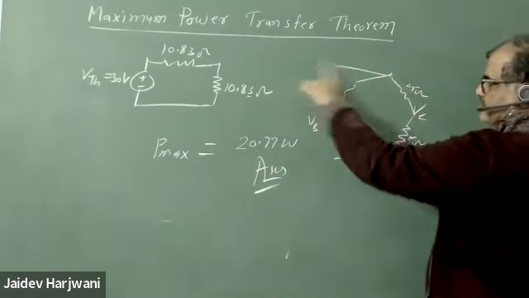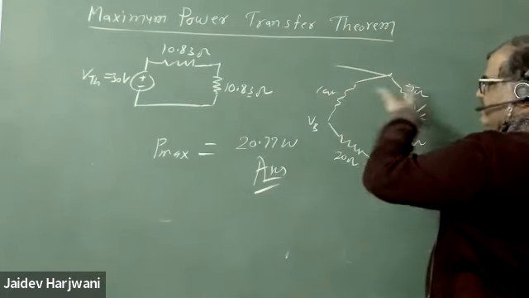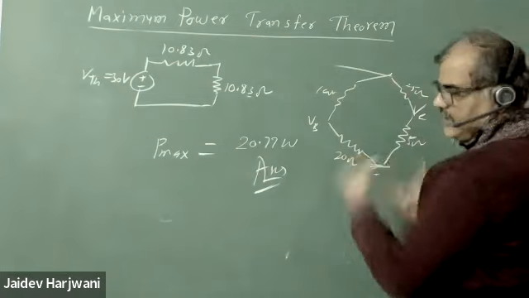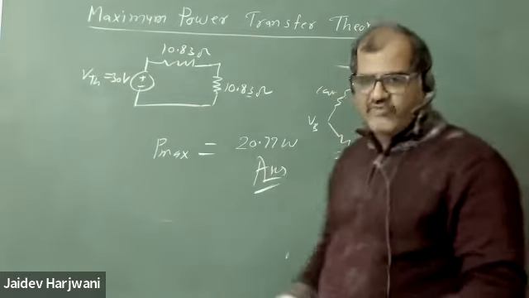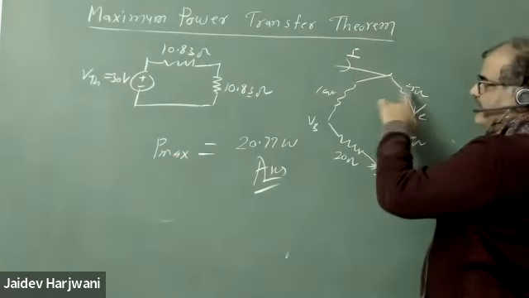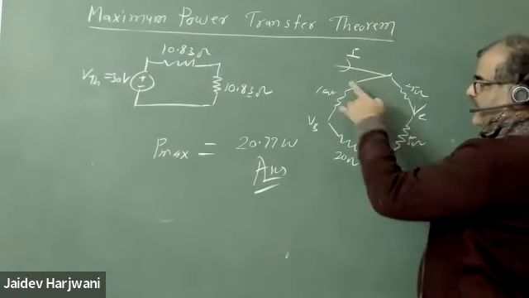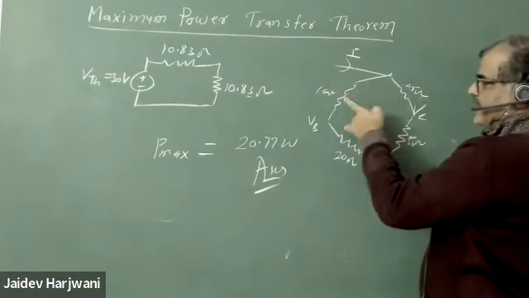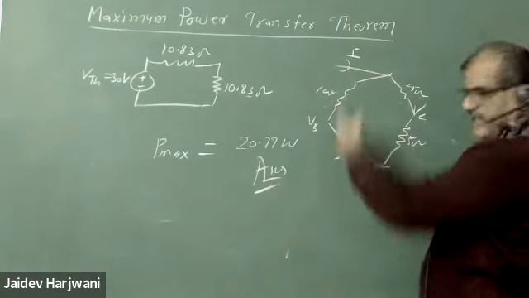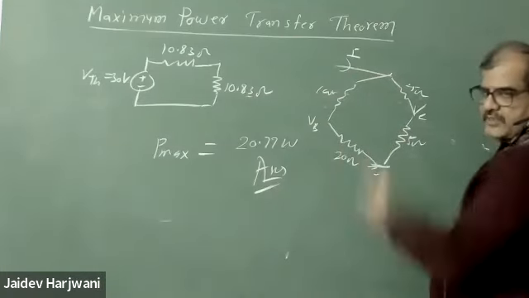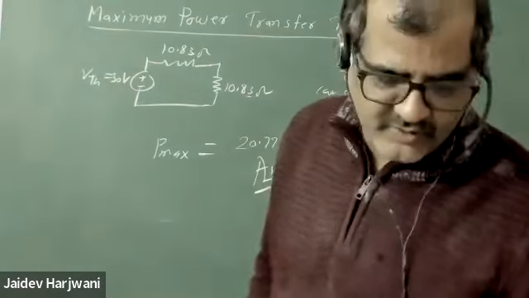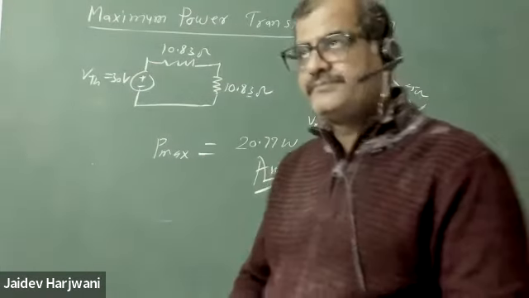Across these two 60 volt is there, across this also 60 volt is there. If you're not understanding, find the equivalent resistance of these in series, and then find the total current I. This I will divide in these two branches, which are parallel with equal resistance, so equal current will divide, and then you multiply by this 20. If you understand, you can calculate like this also. Are you getting what I'm saying?